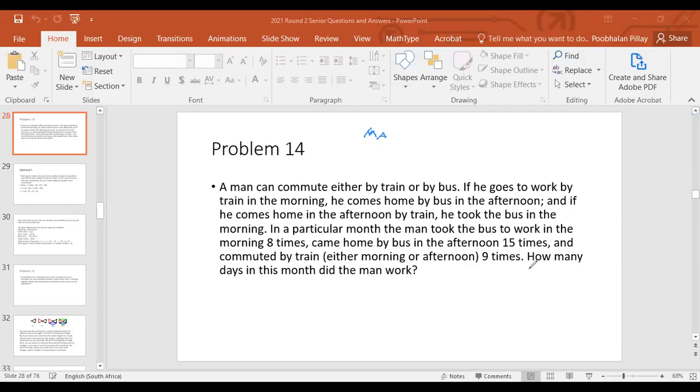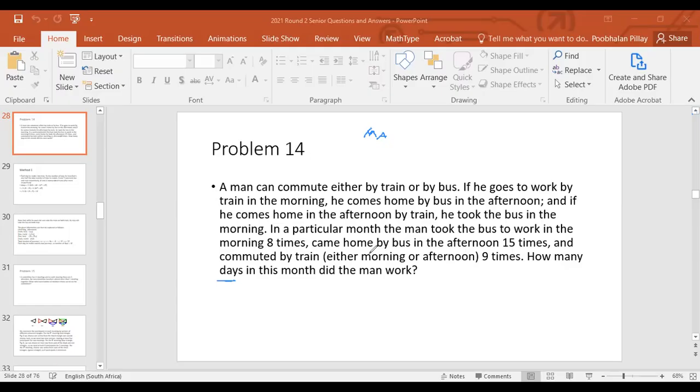The total number of days in the month that the man works, each day he uses two modes of transport. So the number of modes of transport that he uses altogether is twice the number of days he travels. So there is a connection.